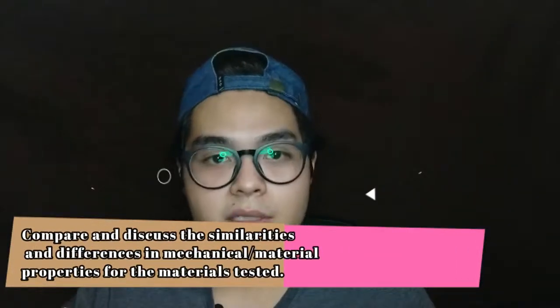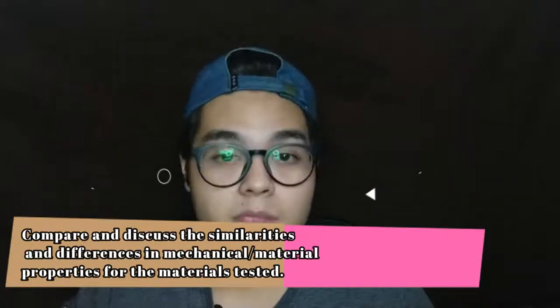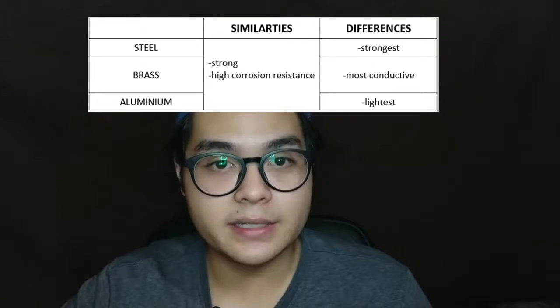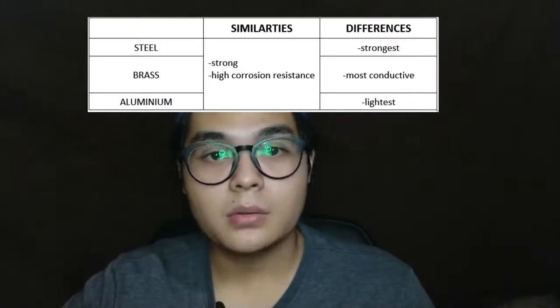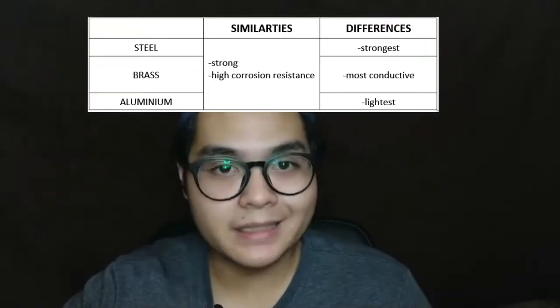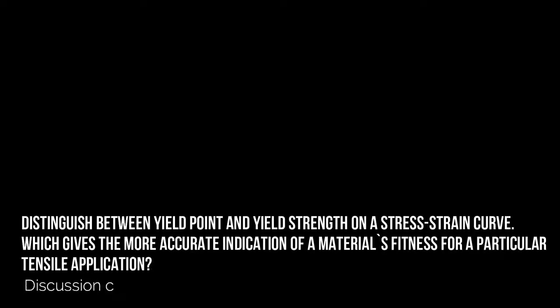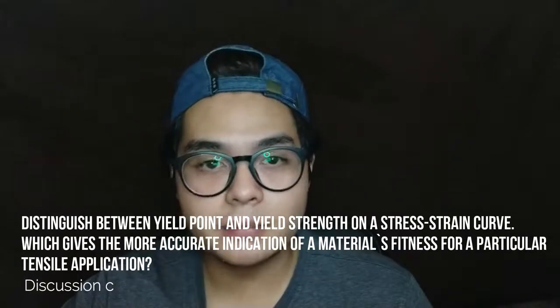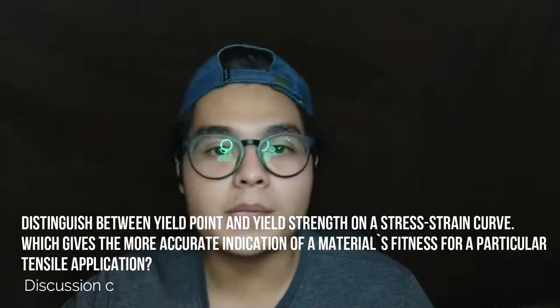The similarity: steel, brass, and aluminium share the same mechanical properties, which is that they are strong and highly corrosion resistant. But steel is the strongest, while brass is the most conductive and aluminium is the lightest. The yield point indicates the limit of elastic behavior and the start of plastic behavior.